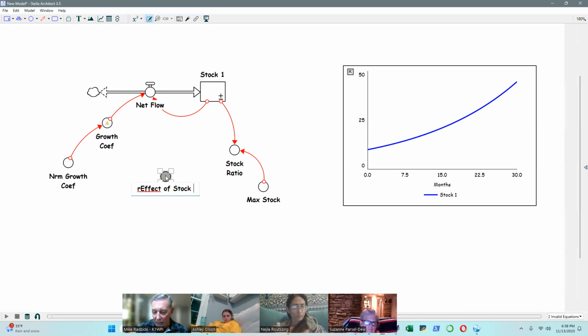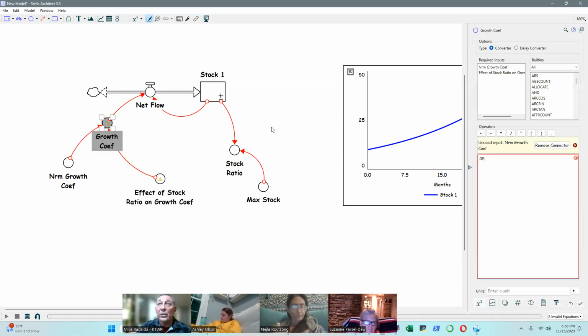I'll tidy that up. The effect of the stock ratio on the growth coefficient. So we'll say the growth coefficient is no longer 0.05. It's the normal growth coefficient times an effect.